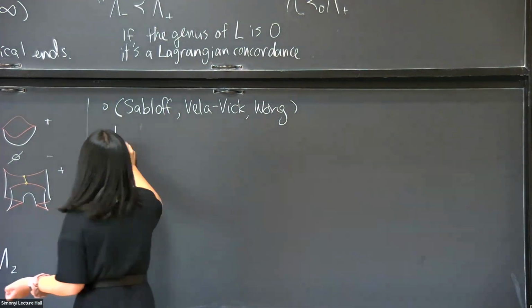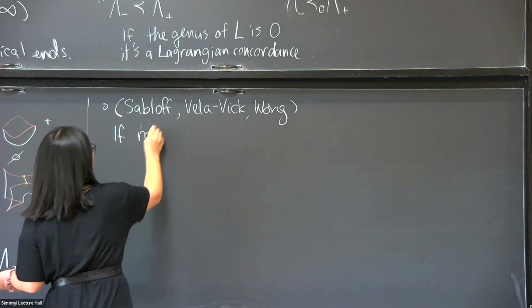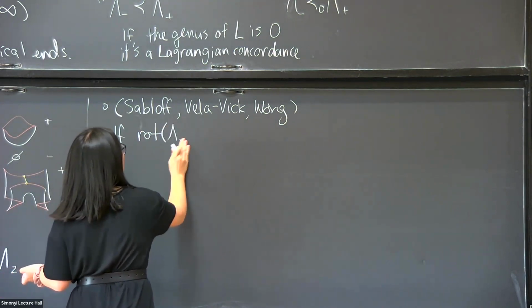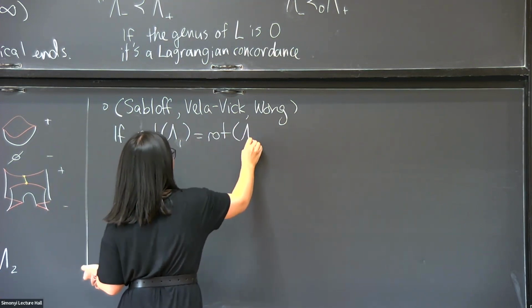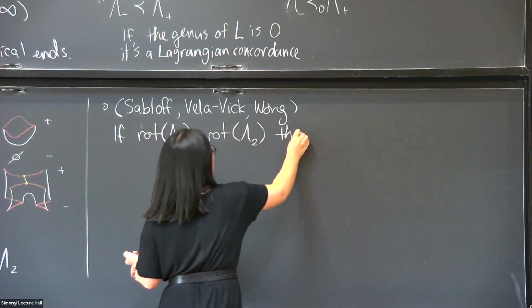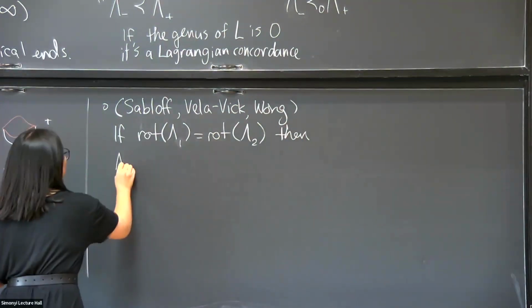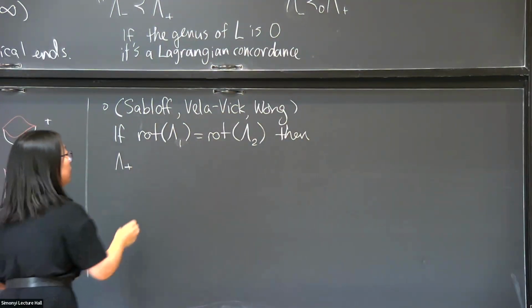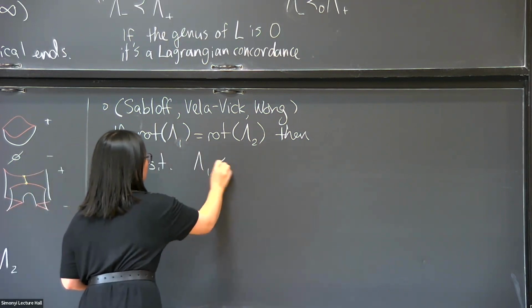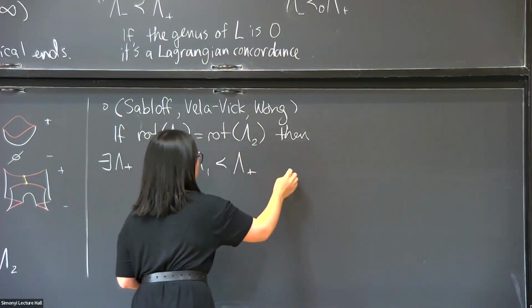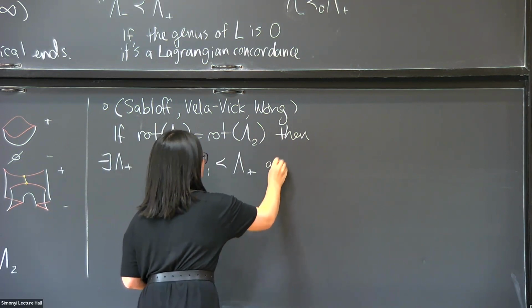So if I have 2 Legendrian knots with the same rotation number, then I have some upper bound that works equally for both of them.